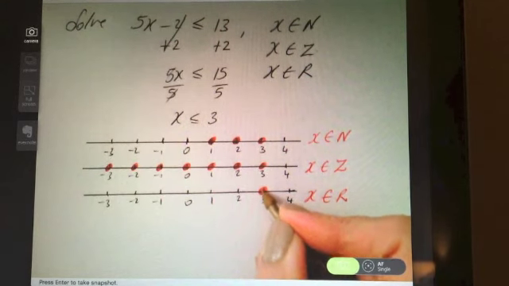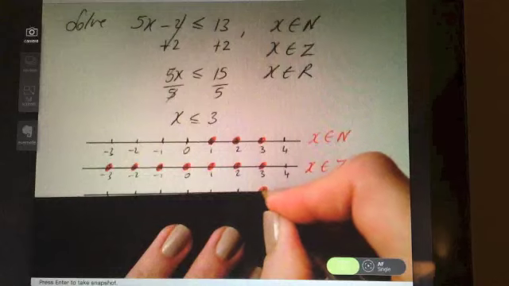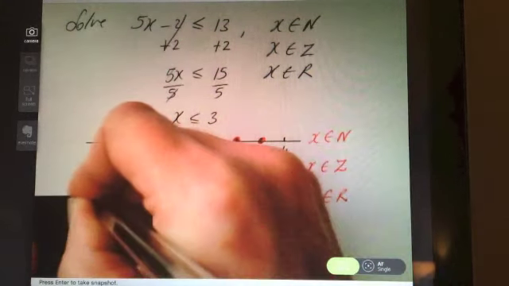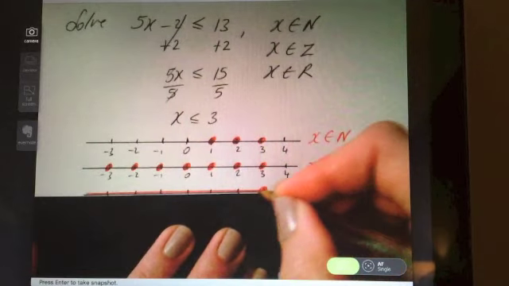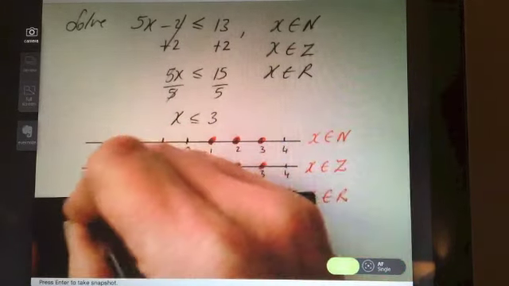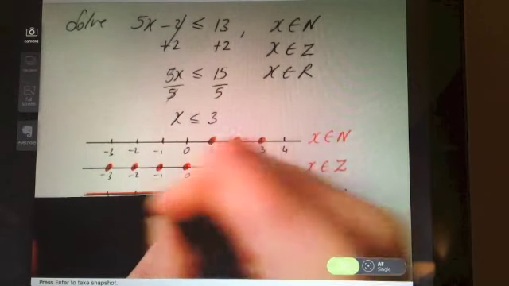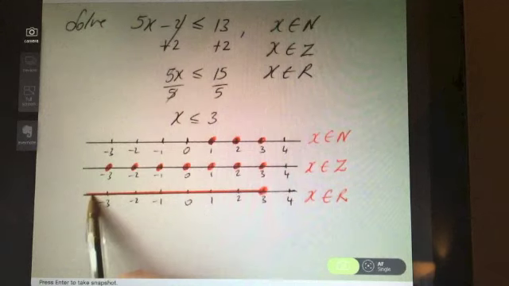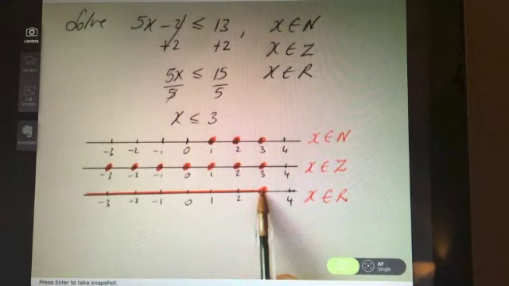And then I'm going to use a thick line for everything less than 3, because your real numbers don't just include the whole numbers, it's all the decimals and everything in between. And so therefore I use the thick line for everything less than or equal to 3.